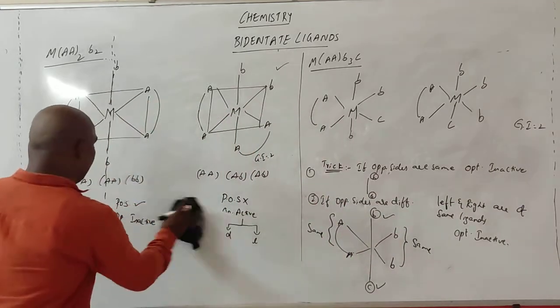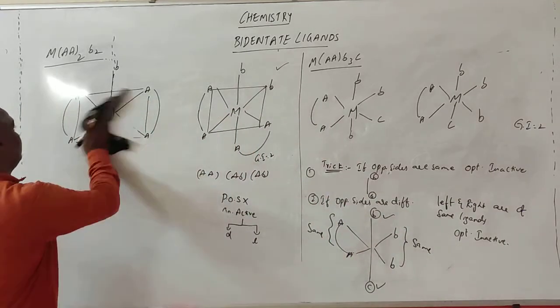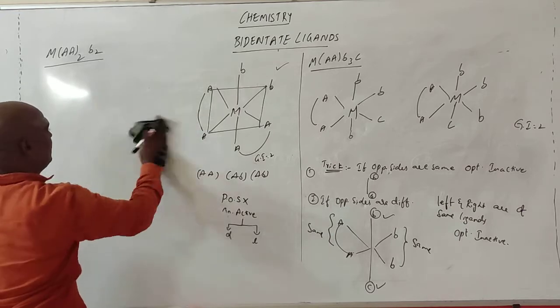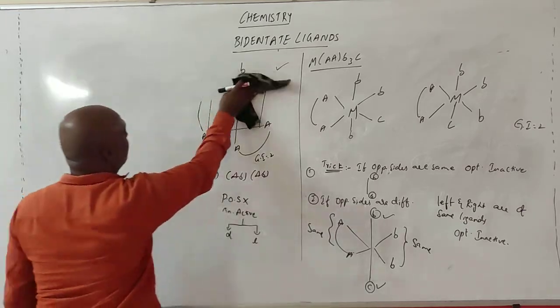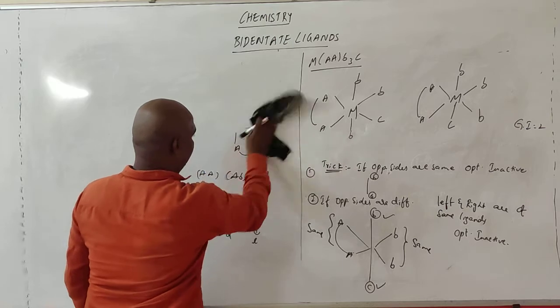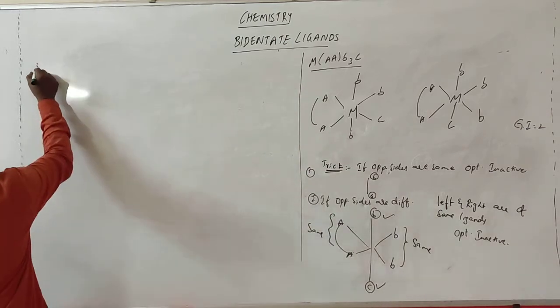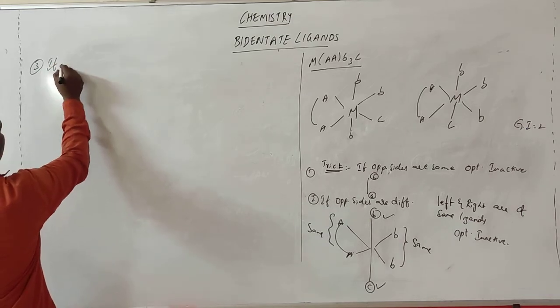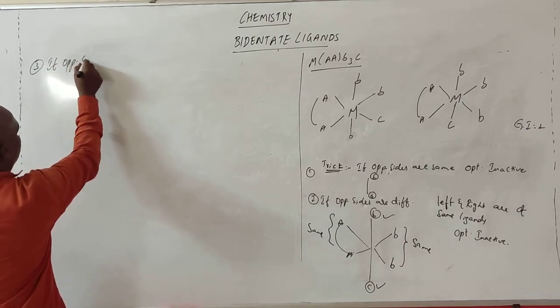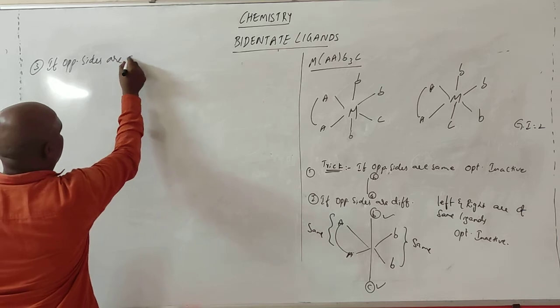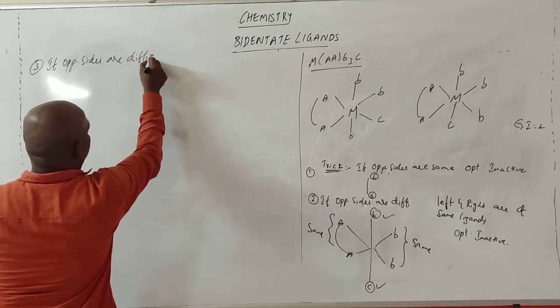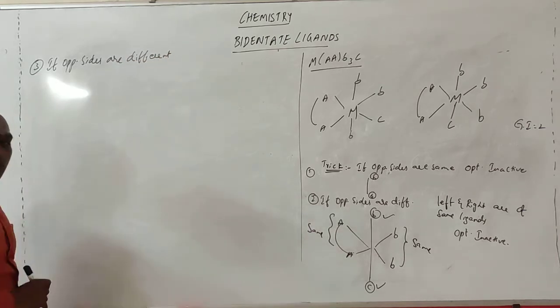Clear? Next rule, third rule. Going from the third rule, what does it say? If opposite sides are different, then we will be checking left and right.